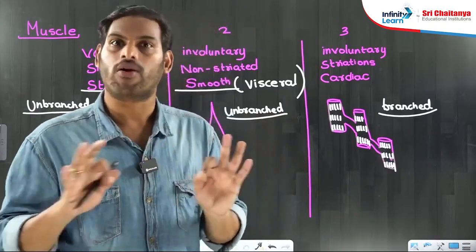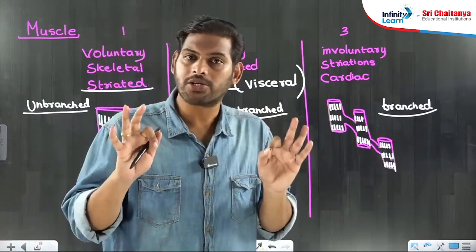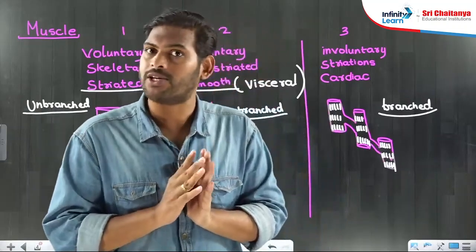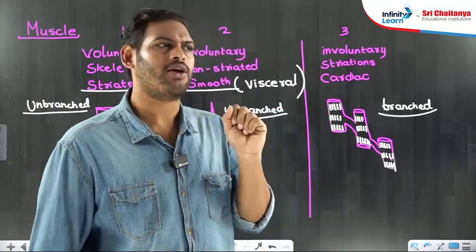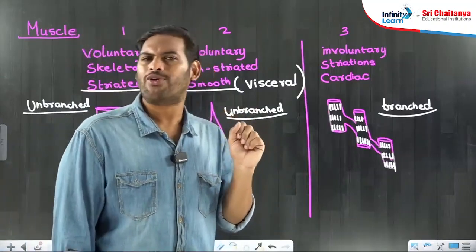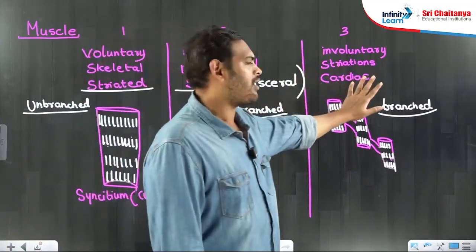We are not even born. This muscle starts working in our body when our age was just 28 to 31 days only. What was that? Involuntary, continuous working muscle, cardiac.